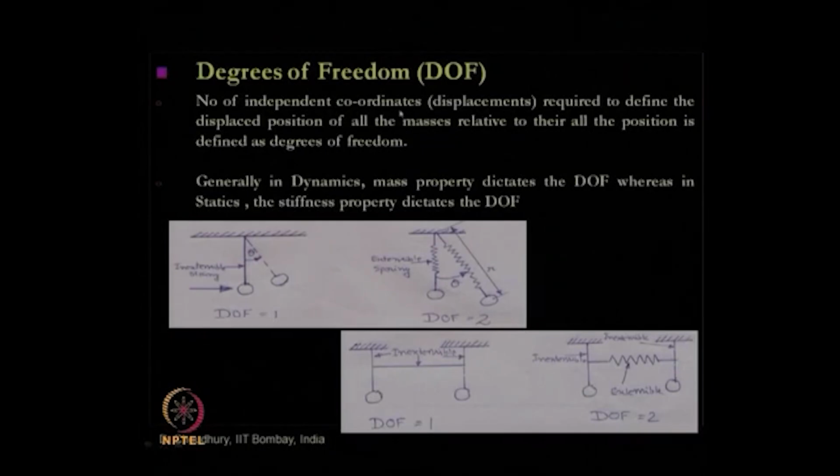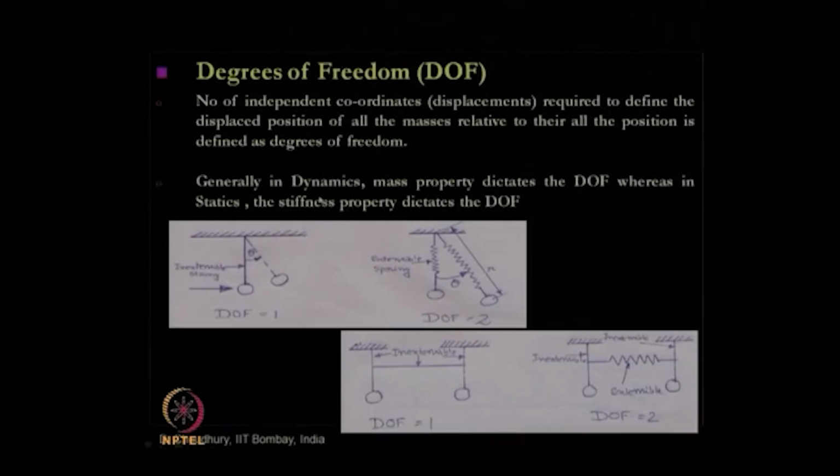Coordinates can be defined either in terms of displacement or velocity or any other suitable parameter. The number of independent coordinates required to define the displaced position, or a new position, of all the masses relative to their original position is defined as the degrees of freedom.